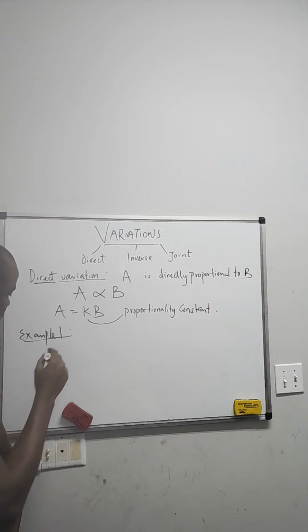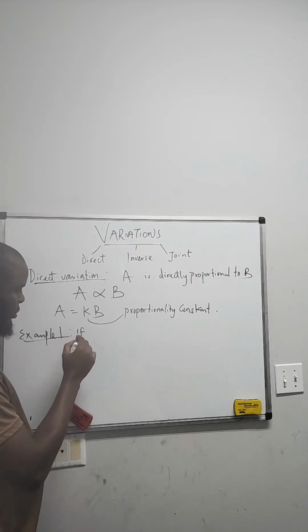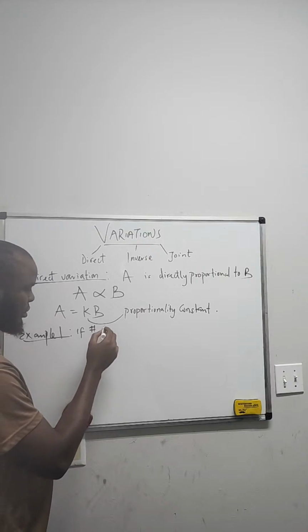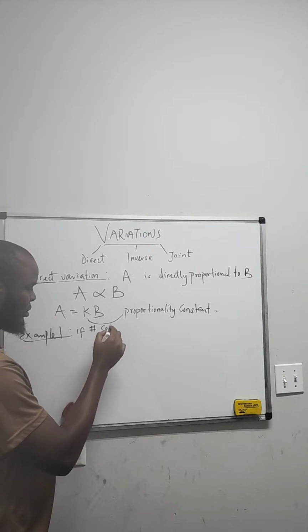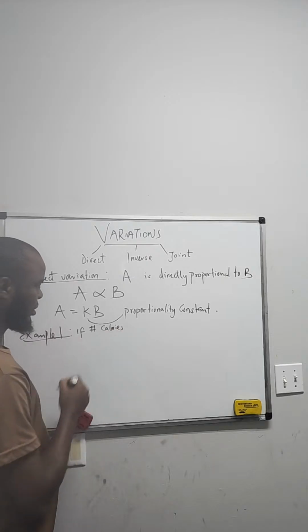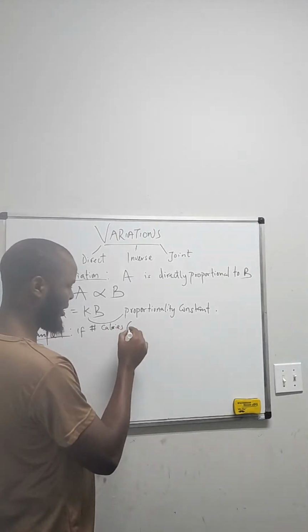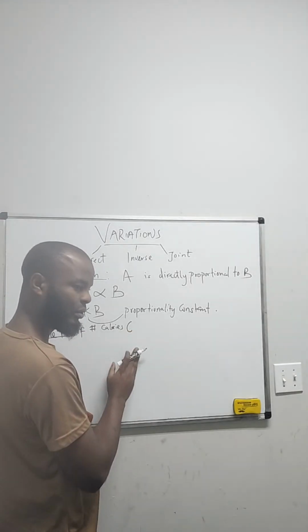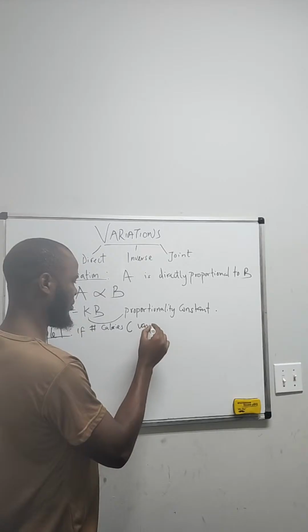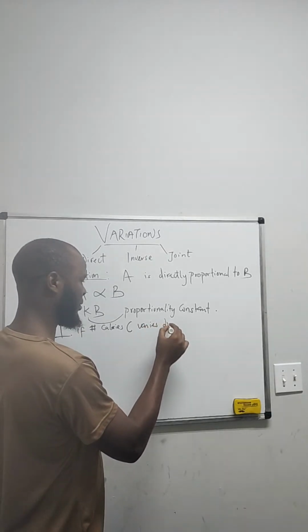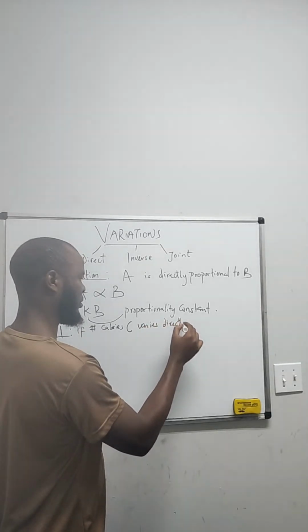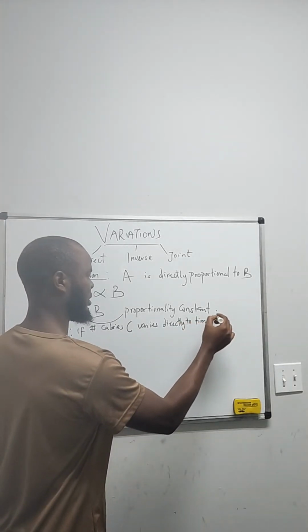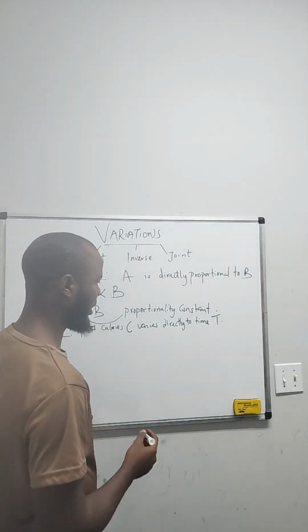If the number of calories C varies directly with the amount of time T spent exercising, Almond burned 312 calories in 65 minutes of exercise. Now I'm just going to shorten it.